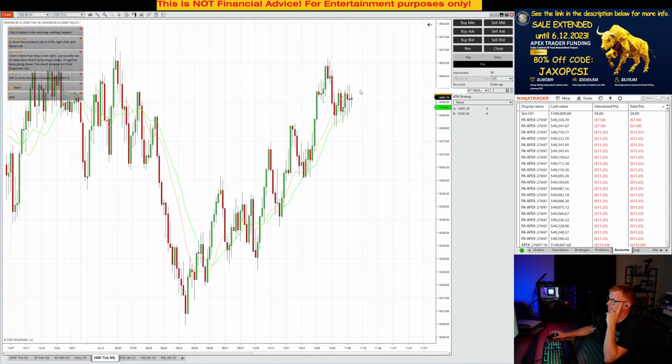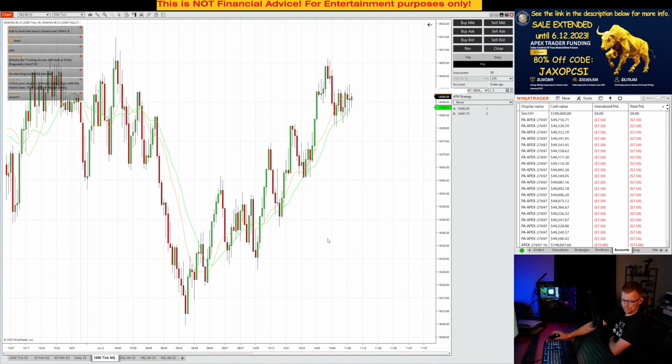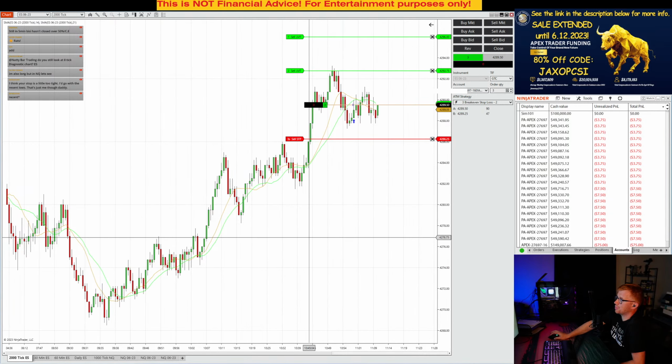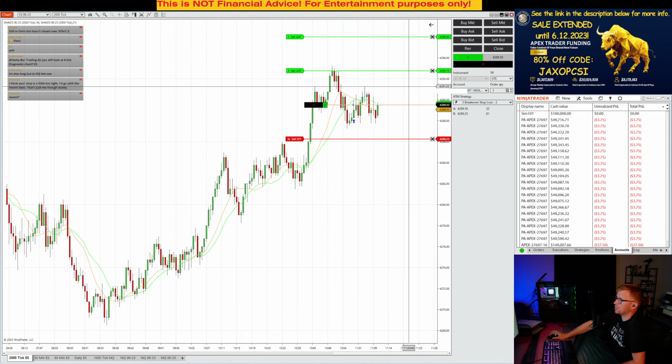Right now it's just struggling to get a move on. All right, now maybe we can push above again. Need to push above this 42.91. You can do it.